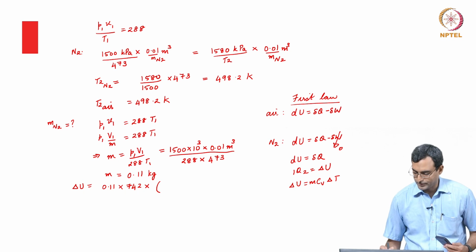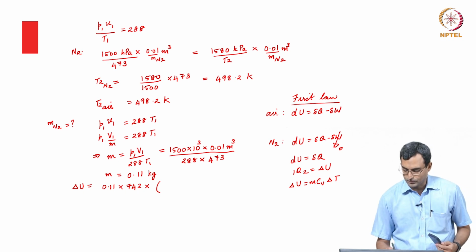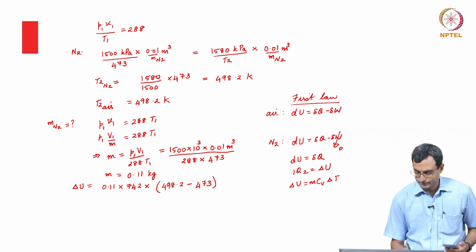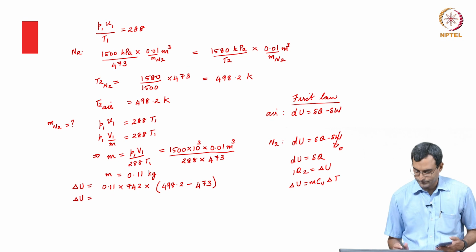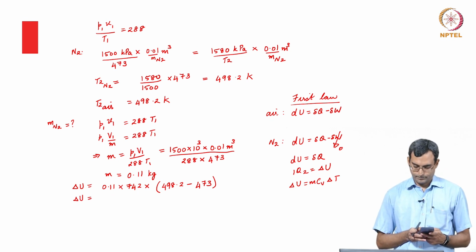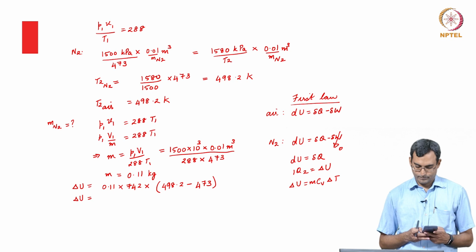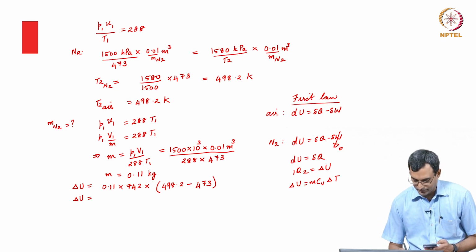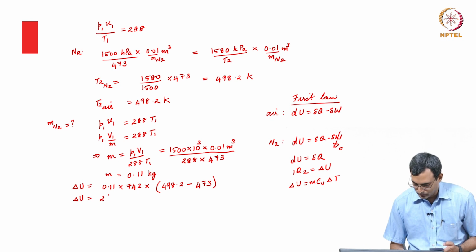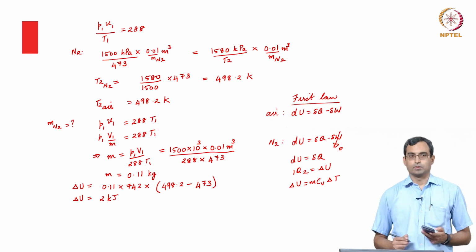So, delta U is essentially this mass into Cv, which is given as 742 joule per kilogram Kelvin, into the temperature difference. The final temperature is 498 minus the initial temperature of 473. Which gives me a value of 2 kilojoules.